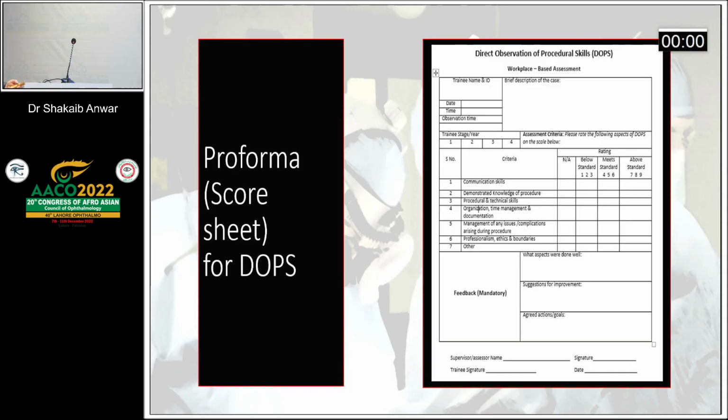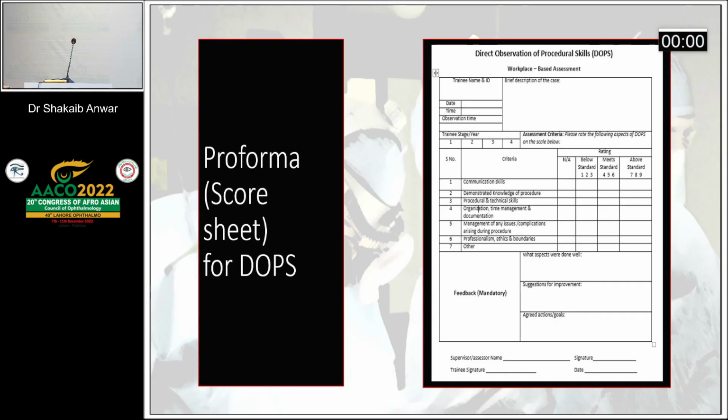So we can rate any of these criteria. Anyway, it is understandable that we can score the trainee from level 1 to 9, that if he's below the standard, how much below, if he meets the standard, how good, 4, 5 or 6, and if he's above the standard, how good above the standard.